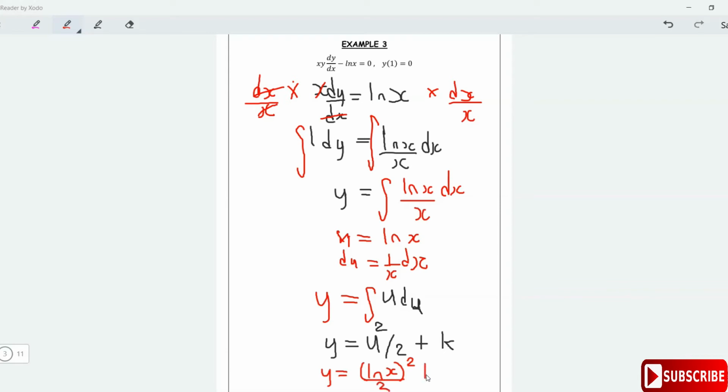But remember, we really can't finish yet because we need to find k. And they tell us y of 1 equals 0. What does that mean? That means when x is 1, y is 0. So let's do it on the whiteboard right here.